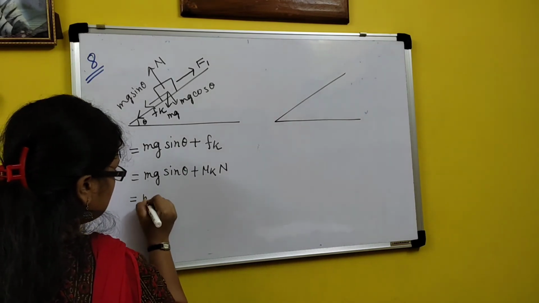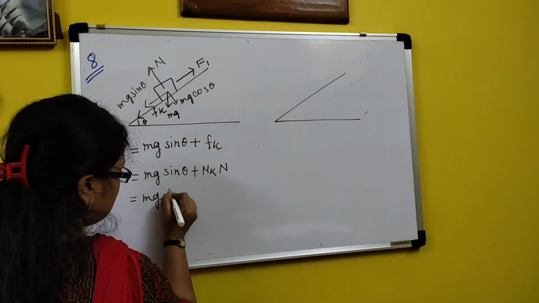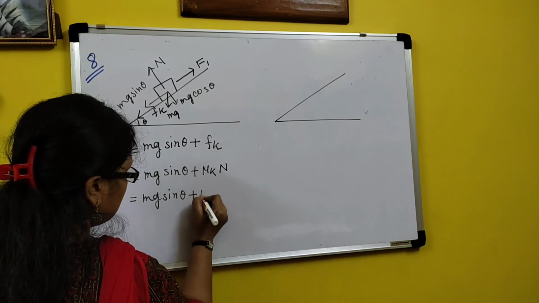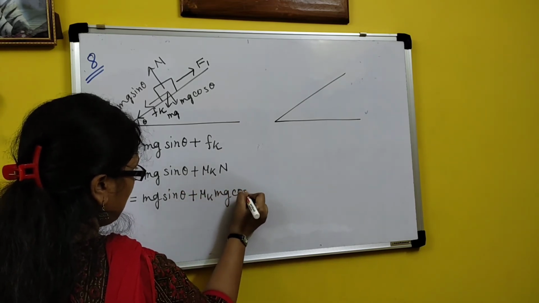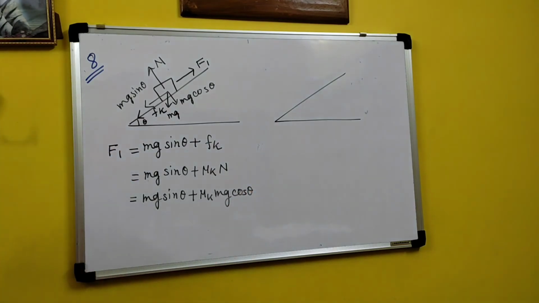So F1 equals mg sin theta plus mu k mg cos theta. This is the first condition, when I am dragging the object in the upward direction.